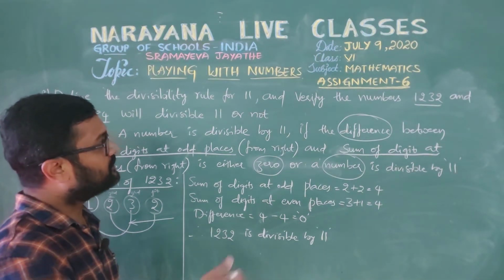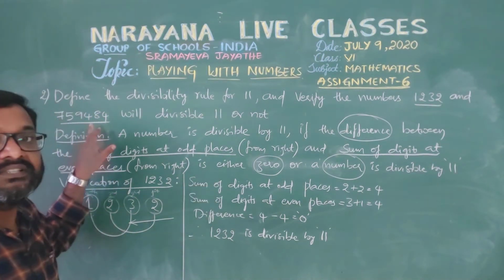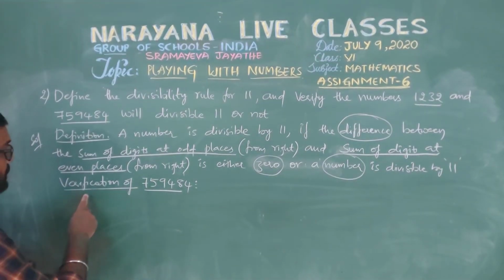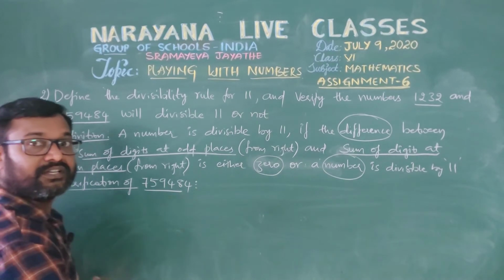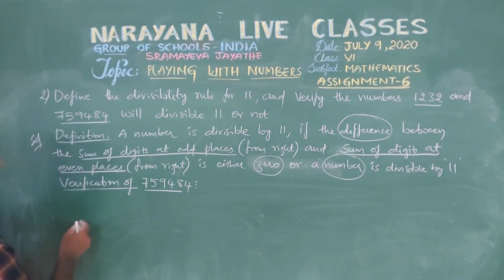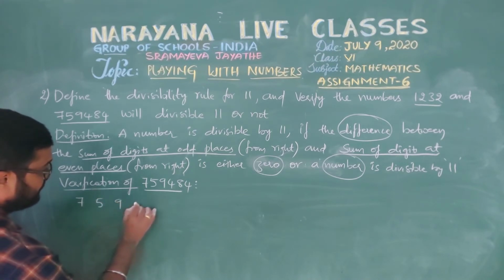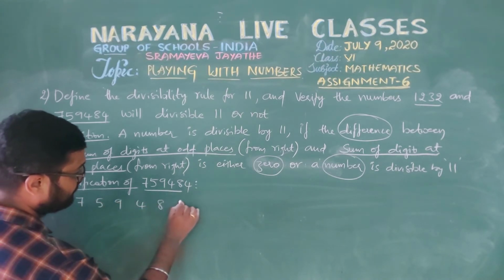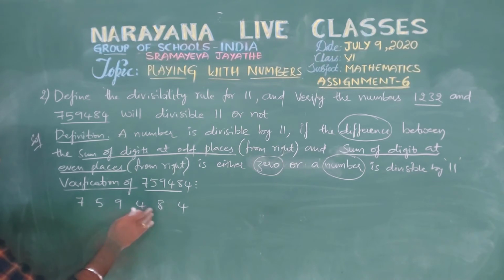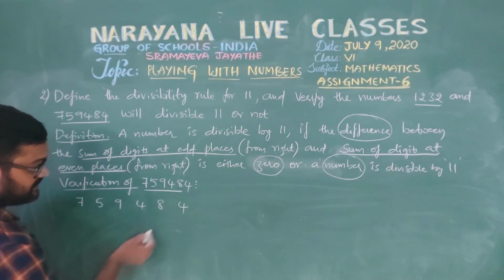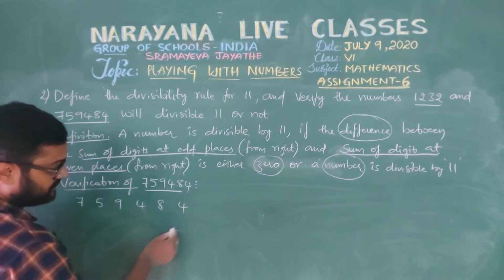So now let's do the verification of this number, 759484. So let's take 7, 5, 9, 4, 8, 4. In this we have 1, 2, 3, 4, 5, 6 digits. So in these 6 digits, what are the digits at odd places?